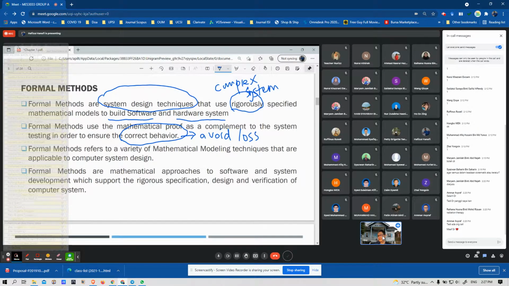Okay, and then formal method also refers to a variety of mathematical modeling techniques applicable to computer system design. We are looking at computer system design. Do you have any questions so far?